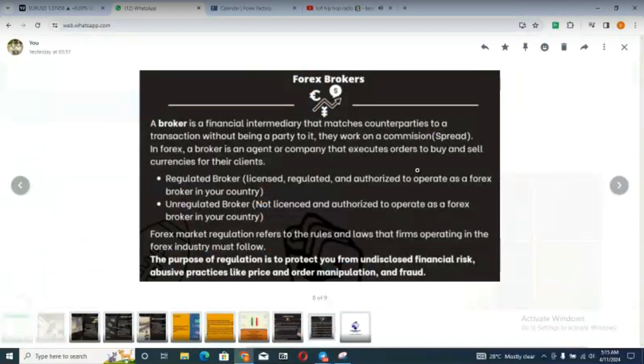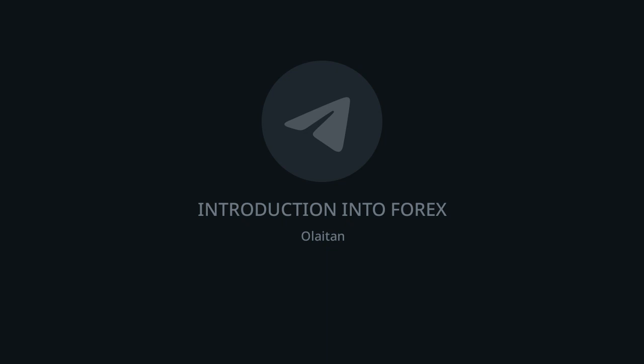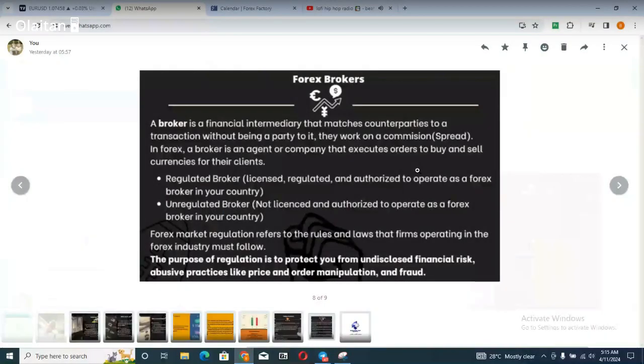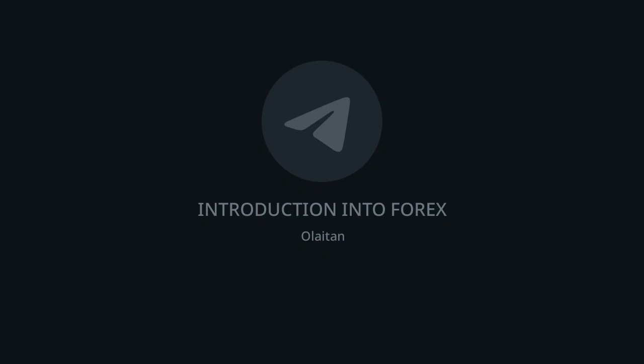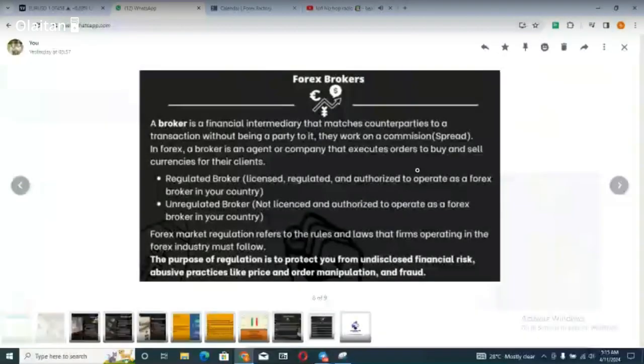A broker is an agent of a company that executes orders to buy and sell currency for their clients. As Forex traders, we can't go to the major market pool itself, so the broker brings the market to us. They are the ones that have the huge finances, and we can use our little money, put it in, and the broker will slot in our orders for us.